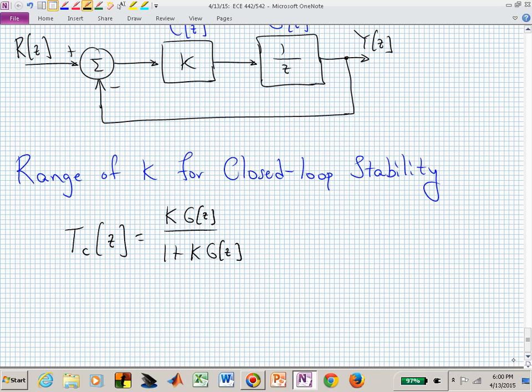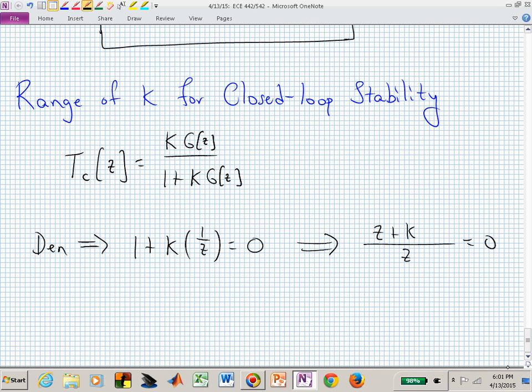And if we look at the denominator of that, which is governing our closed loop poles, we have 1 plus kg equal to 0. If we're looking for values of z that cause that to vanish, we probably want to look at the numerator. So let's put everything over a common denominator of z. Then we have z plus k equaling 0 in the numerator.